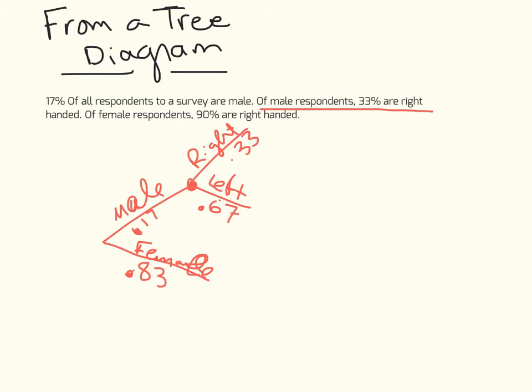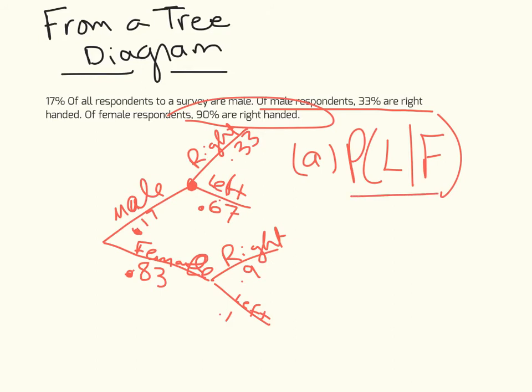And for females, 90% of females are right-handed, which means that 10% are left-handed. So this is our decision tree. So we might get asked questions like, what's the probability of being left-handed given that you're female?